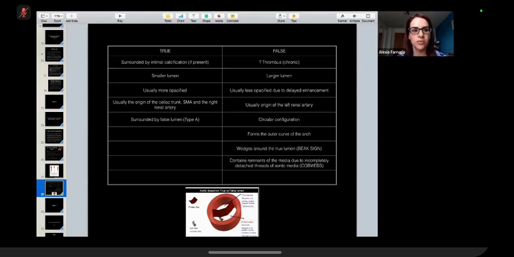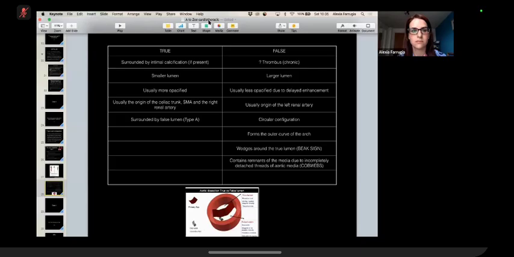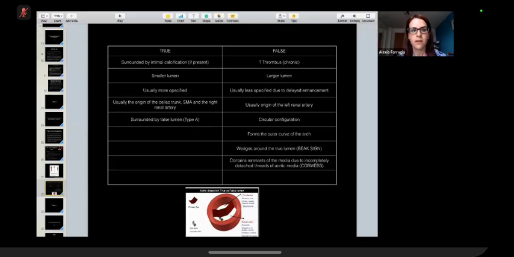So the true lumen is surrounded by internal calcifications. The false lumen may contain some thrombus. The false lumen is usually larger and it has a circular configuration.